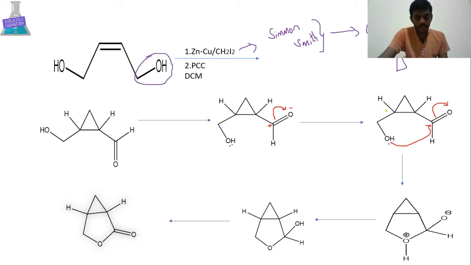And next step, this oxygen will attack this carbon, and this will come over here, forming O minus, forming this 5-member intermediate. The positive charge will come over here and the negative charge will be here. After that, the alcohol is obtained over here, and this will be neutralized. After that, this alcohol is oxidized to ketone, and this is the final product of this reaction.